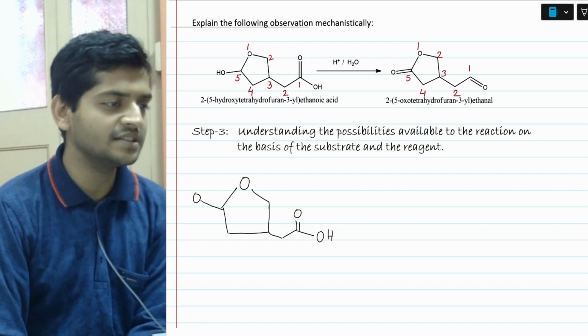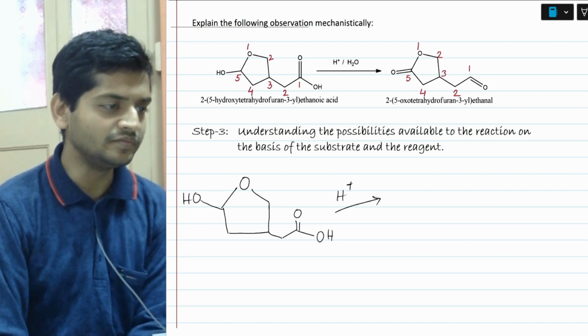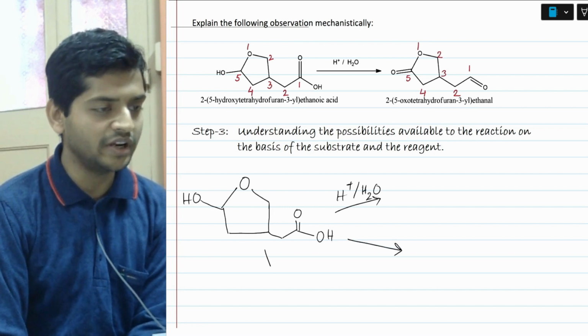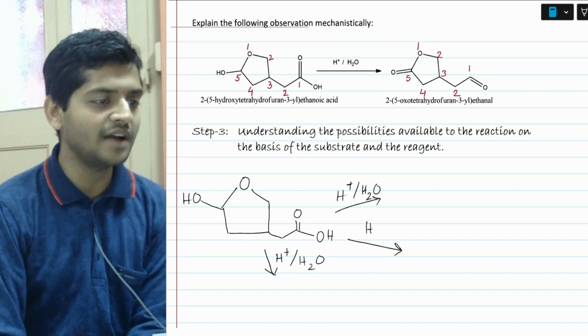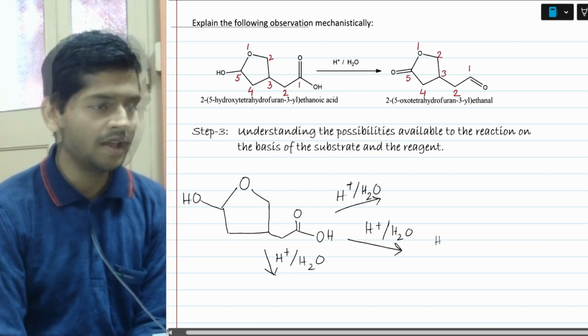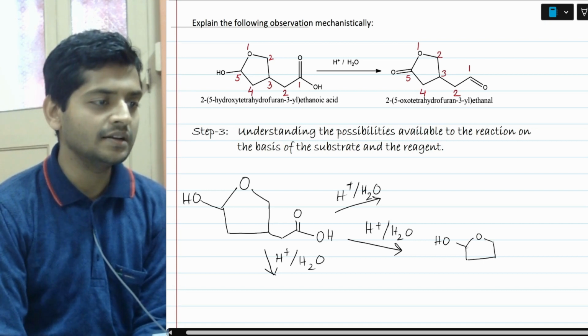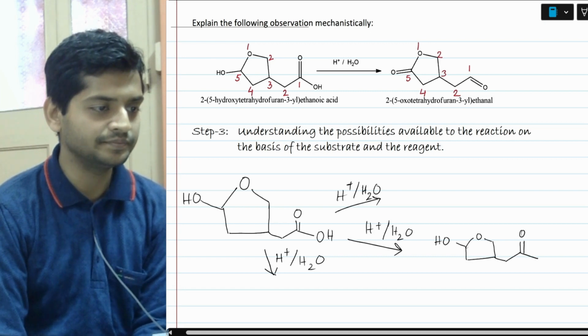Since the reagent is nothing but aqueous acid, it can protonate the carboxylic oxygens. So if we consider this option, it can get protonated, but if it gets protonated, it will make the carboxylic carbon an electrophilic center. It can form a cyclic ring like this.